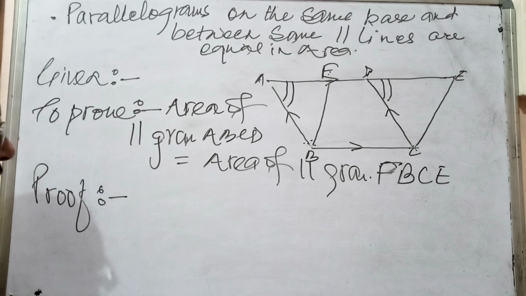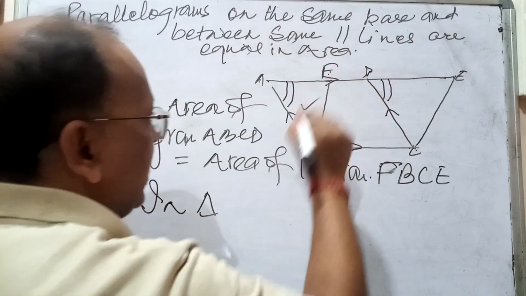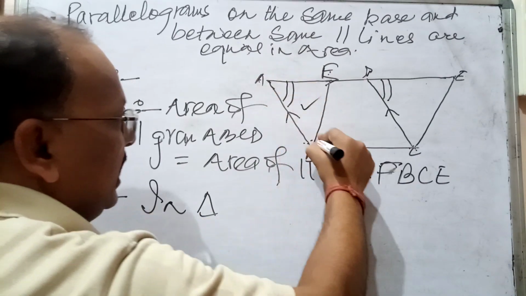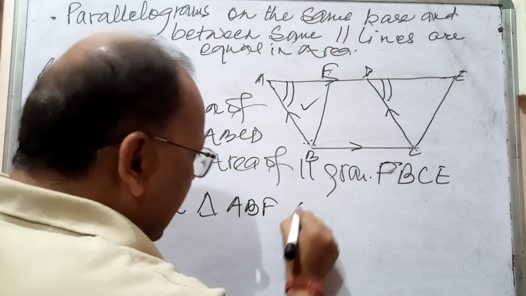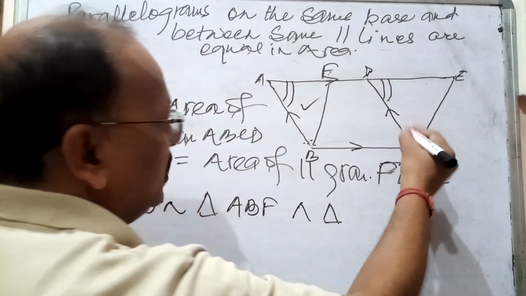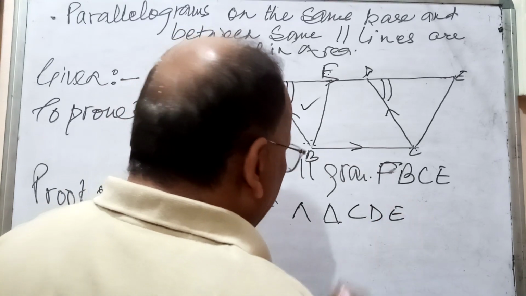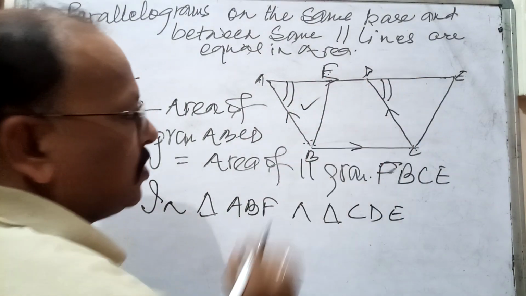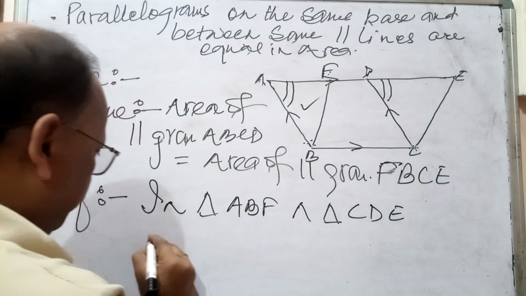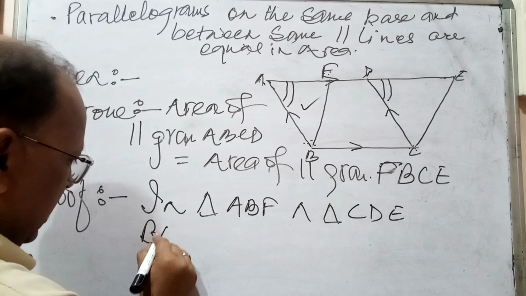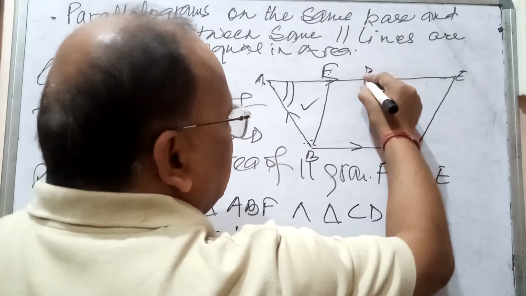Now we will be taking two triangles: triangle ABF and another one, triangle CDE. Let's prove that these two are congruent. First of all, angle BAF equals corresponding angle CDE.